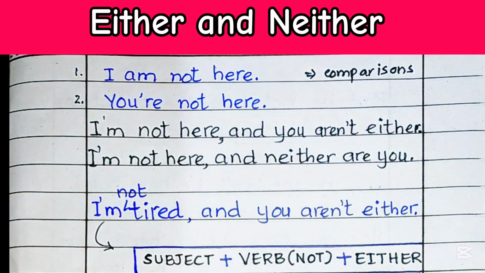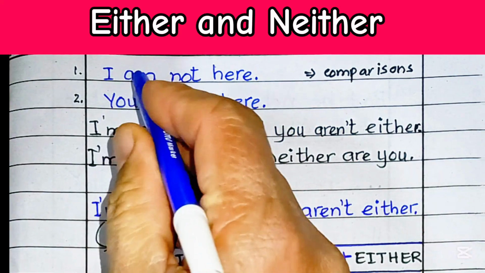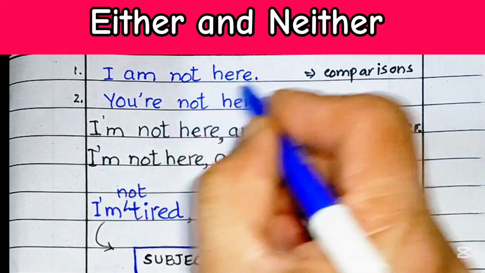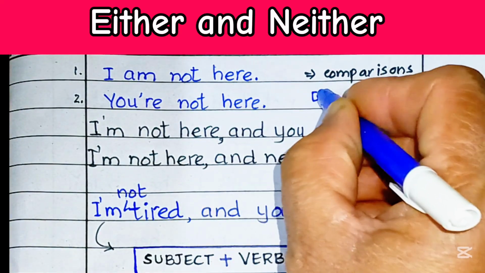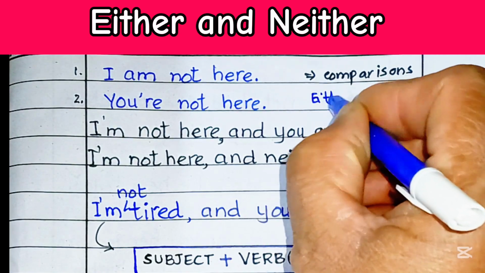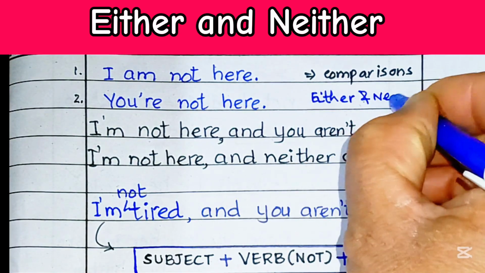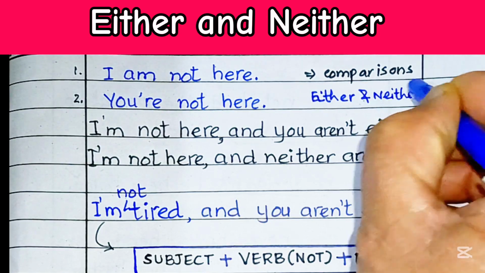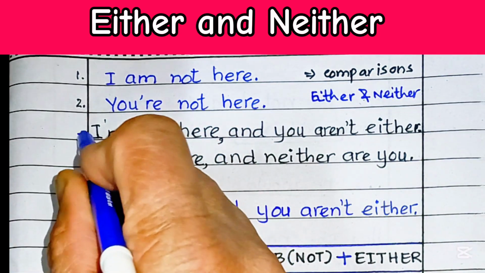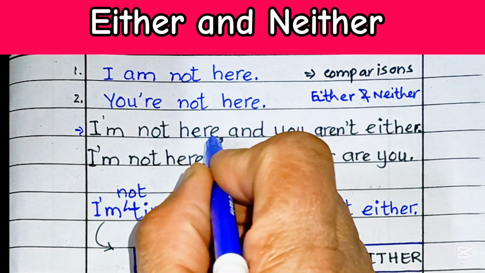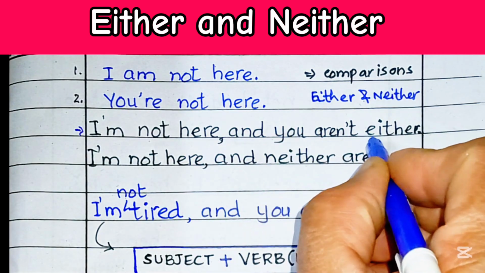So, I am not here. If we combine these together by using either and neither, then we will see that I'm not here and you aren't either.